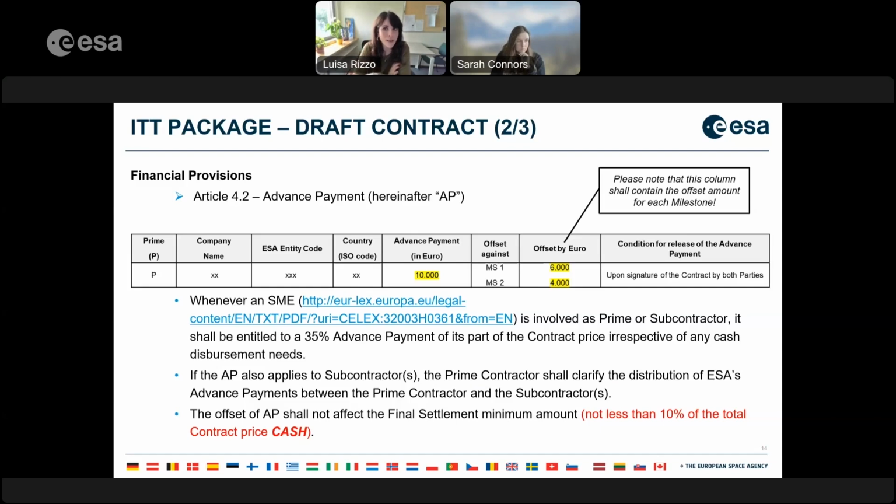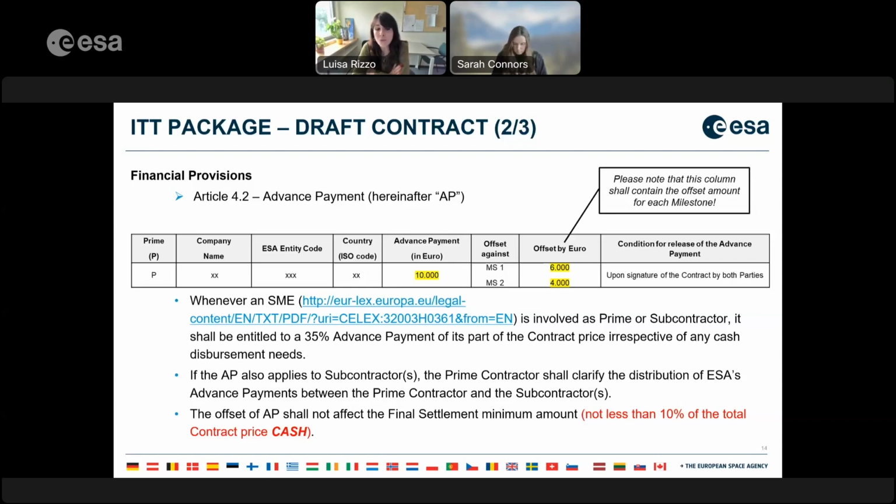So automatically for all SMEs, a 35% advance payment shall be granted by ESA. In the case the advance payment also applies to the subcontractors, the prime shall clarify the distribution of the ESA advance payment between the prime and the subcontractors, or among the prime and the subcontractors if more than one has the eligibility for an advance payment.